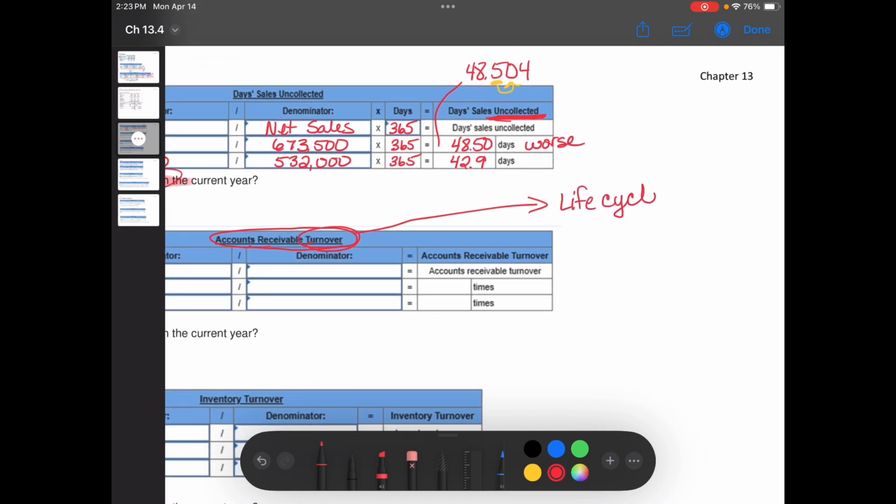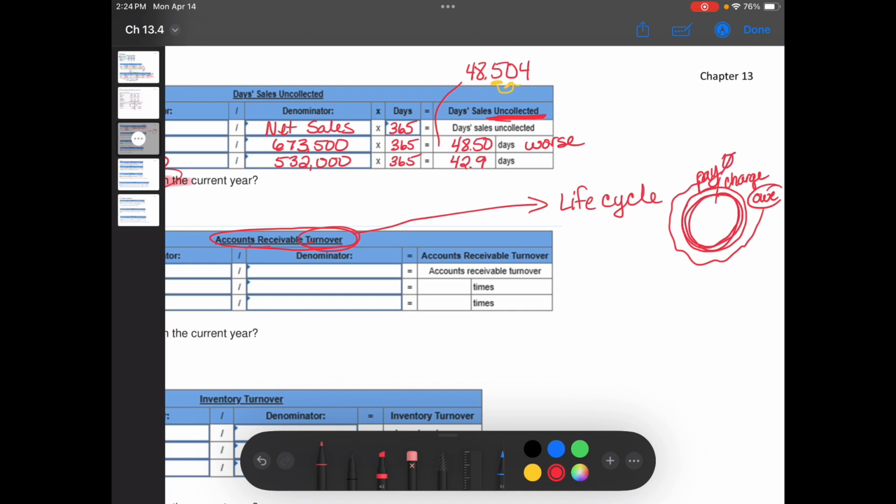So what is the normal life cycle of accounts receivable? Like what is the start to finish? Okay, so start, we let the customers, they charge on account and the customers owe us. So the customers owe us, right? They owe us, and then they pay us, and then it becomes zero. That is the life cycle of accounts receivable.